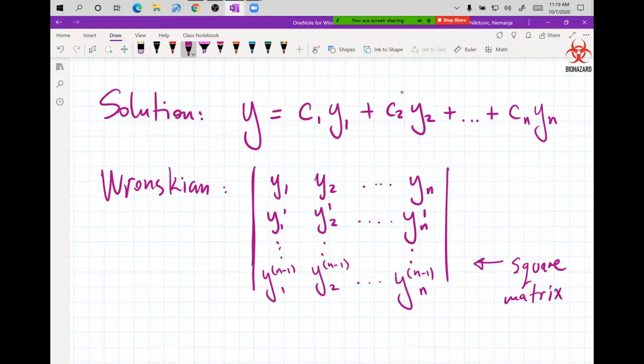So for the 7th order, you have 7 y solutions and 7 rows in the Wronskian matrix. You will take 7 hours to compute that to check the independence of the solutions, and so on.